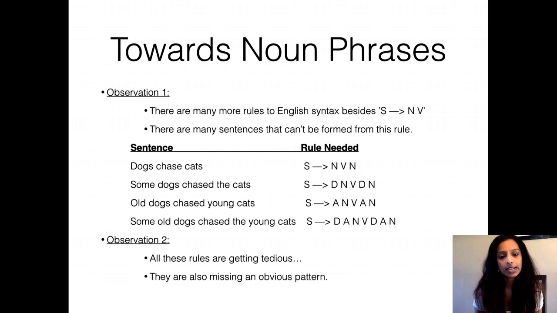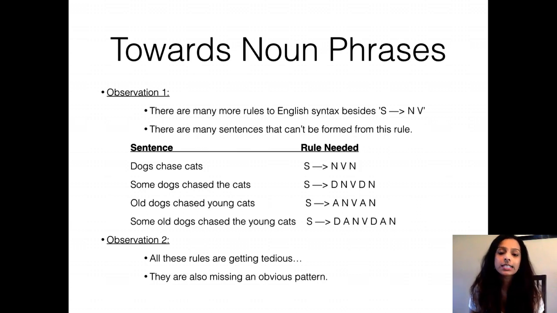So I've given you sentences: dogs chase cats, some dogs chase the cats, old dogs chase young cats, some old dogs chase the young cats, etc. You can see that these are not intransitive verbs. They are verbs that actually take an object, and therefore these are transitive sentences of English. Transitive meaning the verb can take a subject and an object.